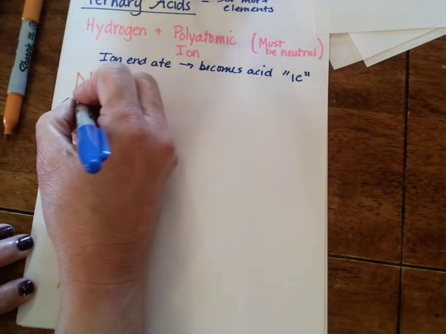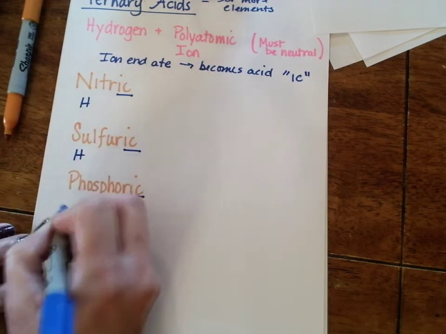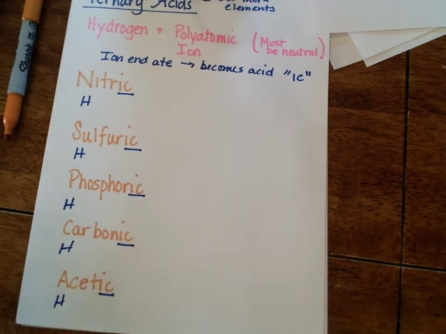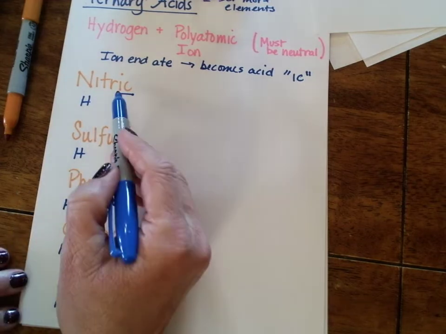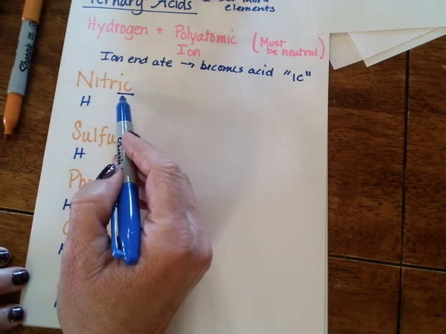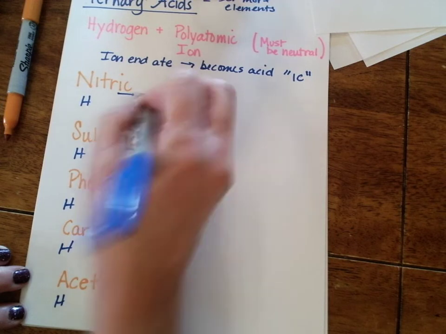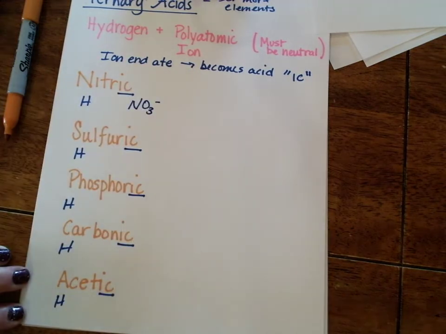I know all of them are going to have hydrogen involved in their formula. That's a giveaway. Then I have to think, okay, those are all my cations. What is my anion going to be? So nitric, if I replace this ic with an ate, that tells me nitrate. And my formula for nitrate is NO3-. If you don't remember that, you can look at your polyatomic ion cards. No big deal. You're going to have those.